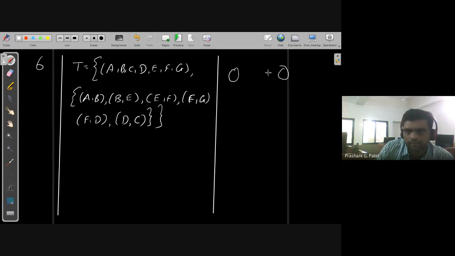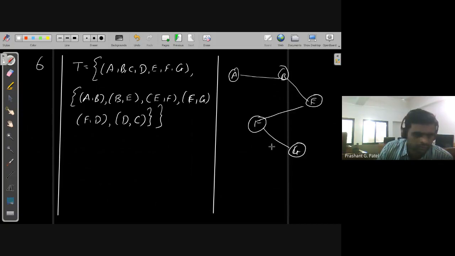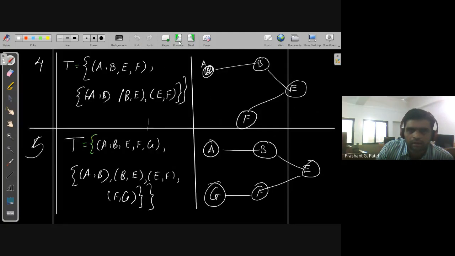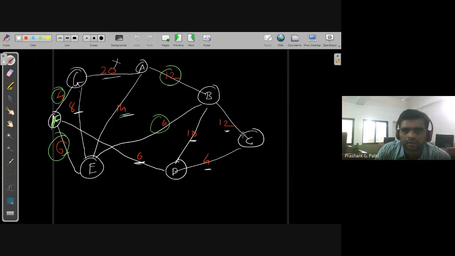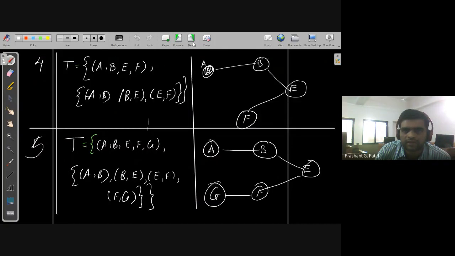A is here, A to B, then B to E, then we have added F, then we have added G, then F to G, and then we are adding CD into this.